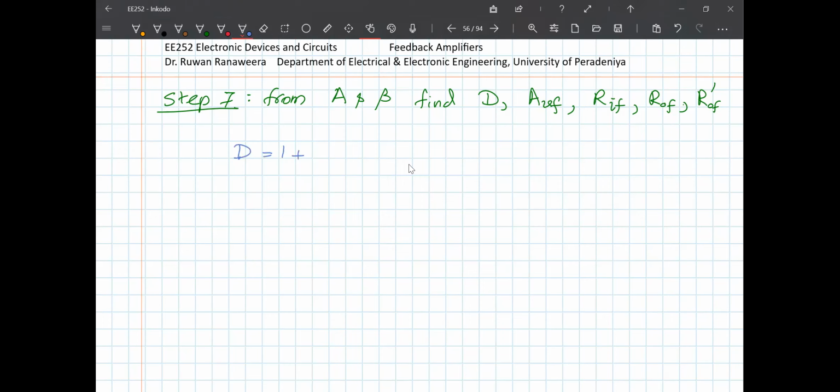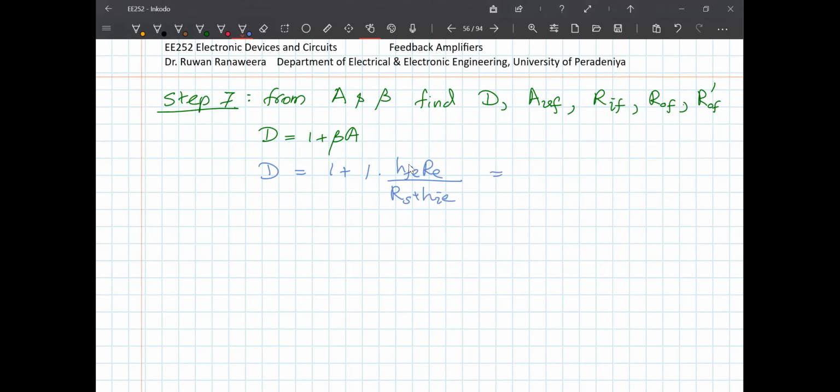Okay, so D we can calculate first. D is 1 plus beta A, so I can find this value. For my specific case, D is equal to 1 plus beta, which is 1, times A, which is HFERE over RS plus HIE.